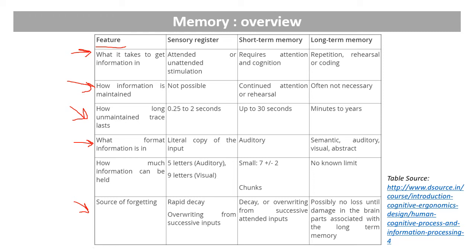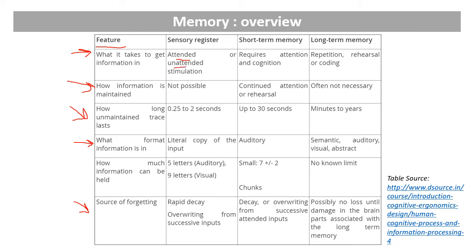So how the information is fed in. It basically gets fed in through our senses. So either a person can be attending to a certain stimulus, or it can be unattended.